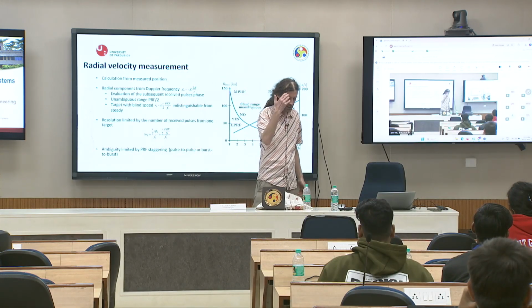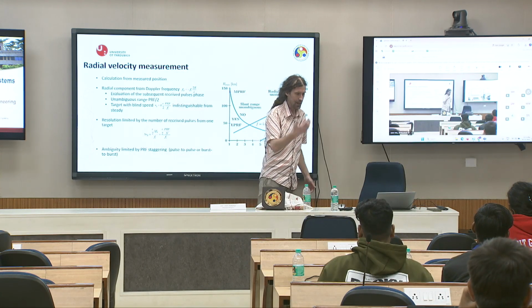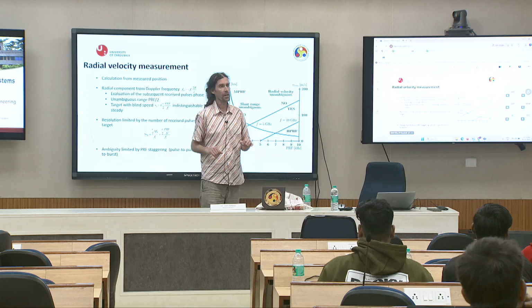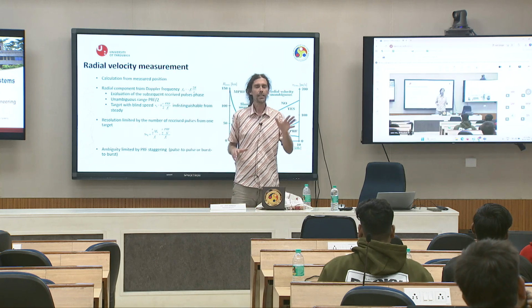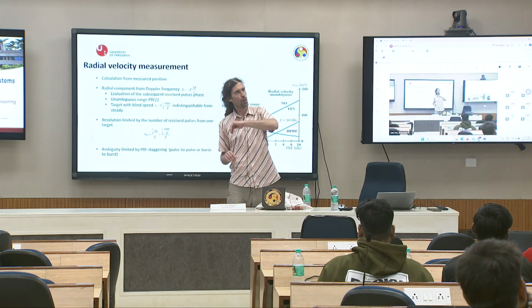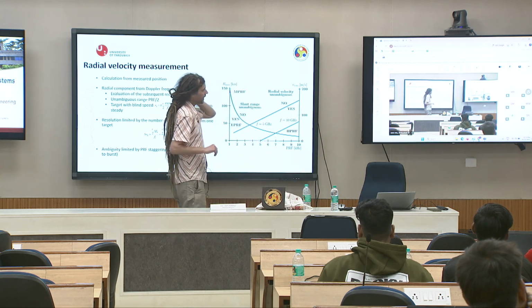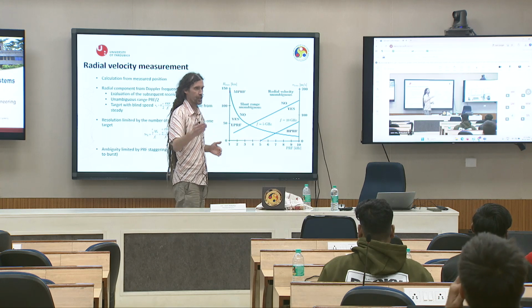And what does this mean in reality? Imagine velocity based on measurement of Doppler shift. If I have a carrier frequency of 5 gigahertz, and 10 gigahertz for comparison. If I have 5 gigahertz, then due to motion of my target, my velocity causes some Doppler shift.